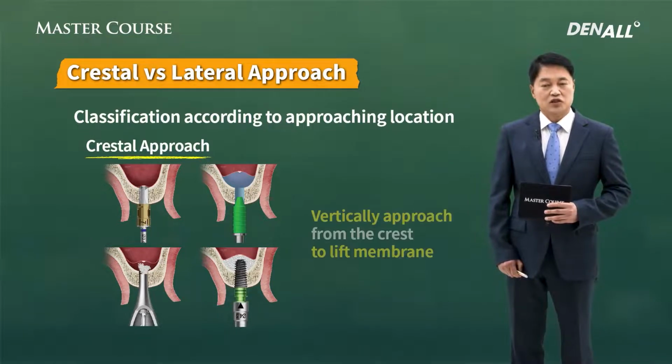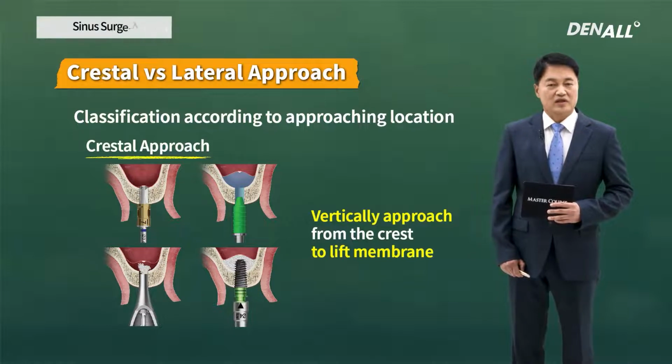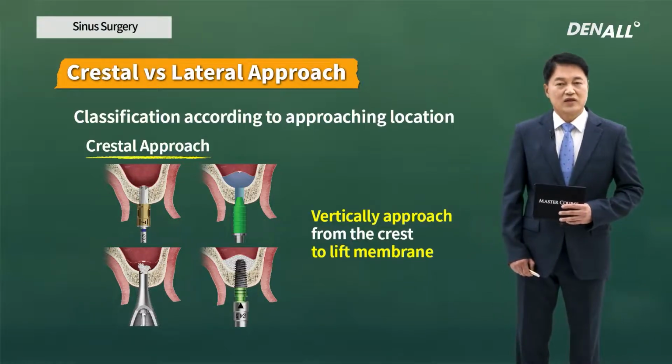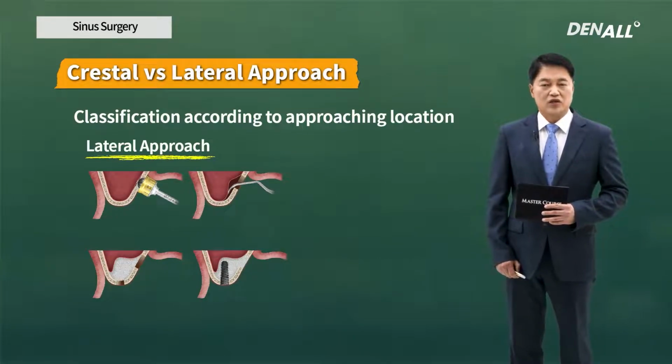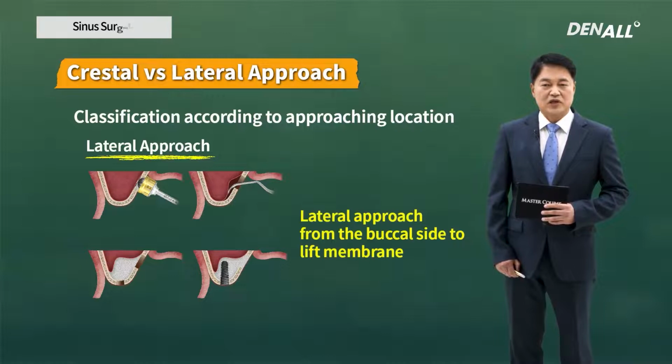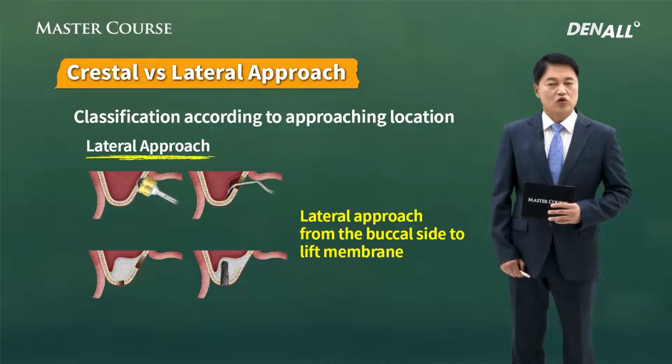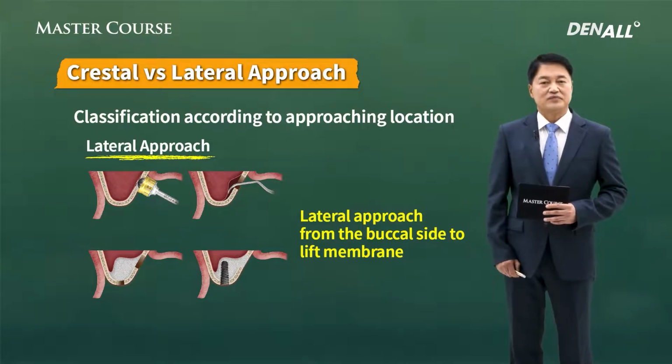In other words, from the crest you approach it and lift the membrane. That is the crestal approach. Lateral approach, it's approaching it via lateral wall, and the membrane is lifted and bone graft is done. That is the lateral approach in sinus surgery.